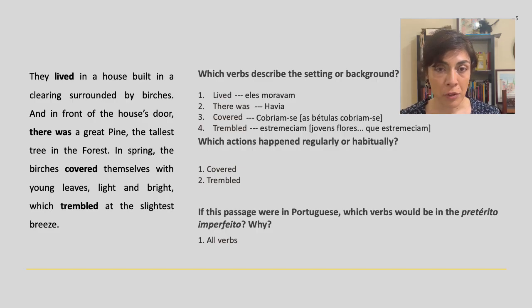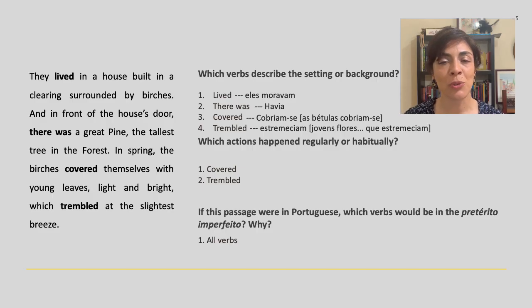It's an ER verb from the second group. Estremecer. And the conjugation is the one that you can see right now. Estremeciam. So, jovens flores que estremeciam. The birches would tremble. Estremeciam. I hope this helped you.